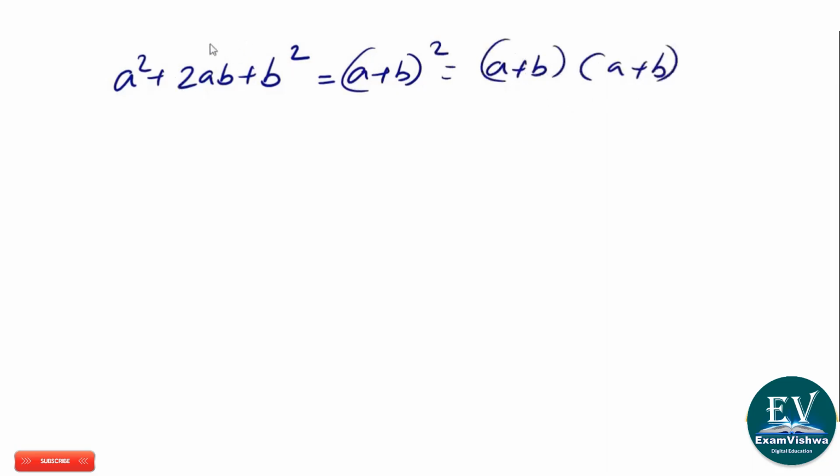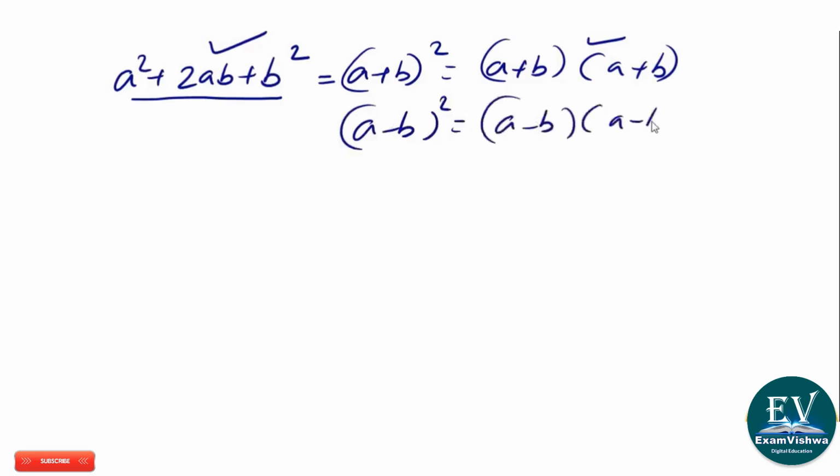So we have already factorized this algebraic expression while understanding the concept of expansion of formula where a plus b whole square was studied. A minus b whole square can also be written as a minus b into a minus b, which is the product form, and the expansion is a square minus 2ab plus b square.